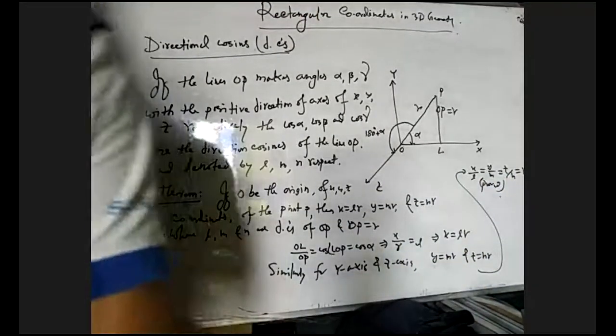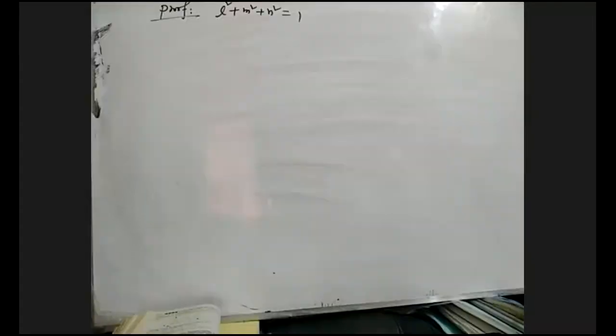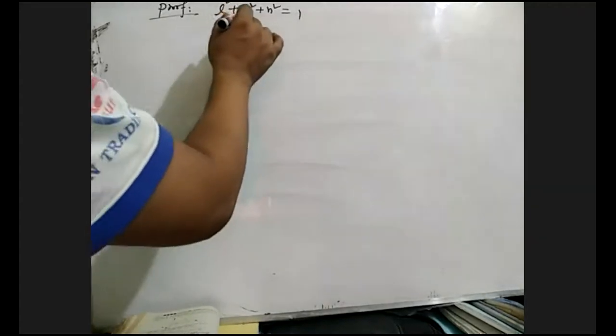From this relation, x divided by l equals y divided by m equals z divided by n equals r. Proved. Very easy. Now the proof that l square plus m square plus n square equals 1.